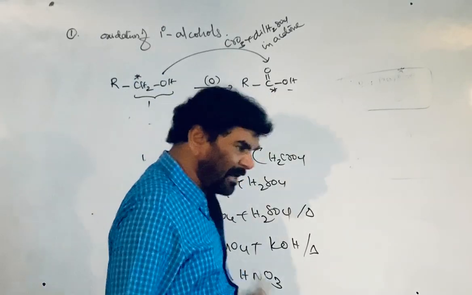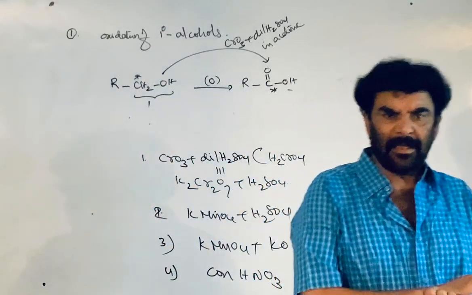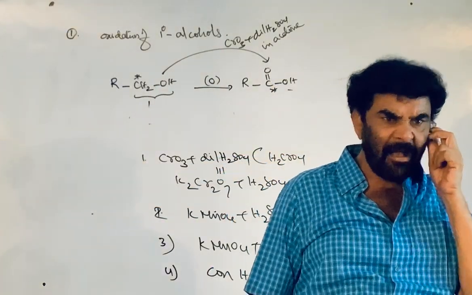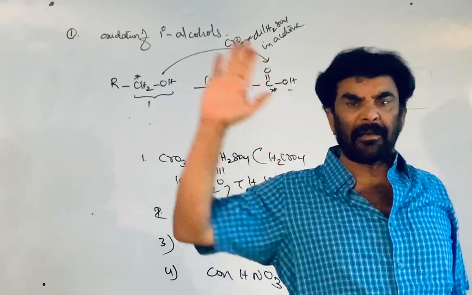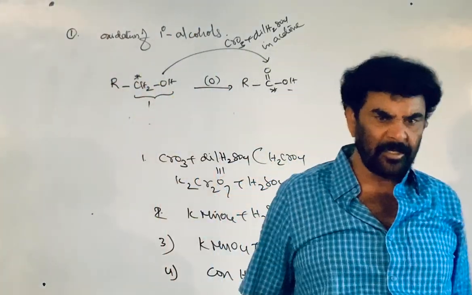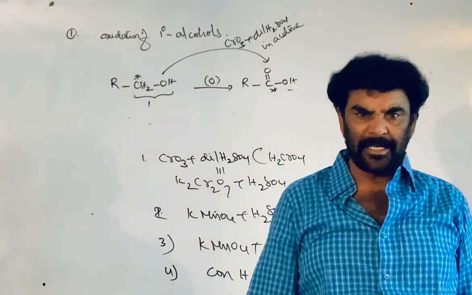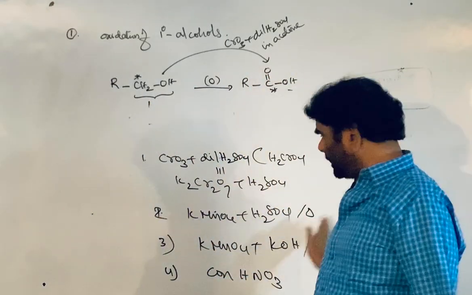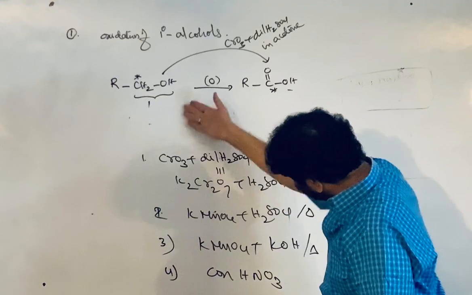Secondary alcohols are converted into ketones. If it is a secondary alcohol, whether it is a mild oxidizing agent or a strong oxidizing agent, all convert 2 degree alcohols into ketones. You can use the Jones reagent, or the PCC, or the Collins reagent, or any one of the four listed.